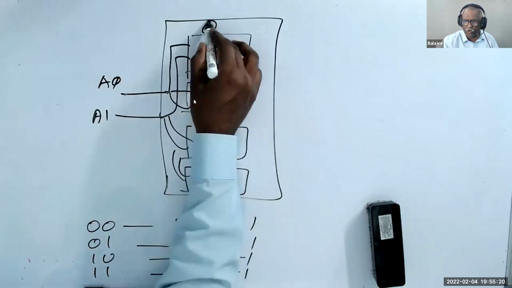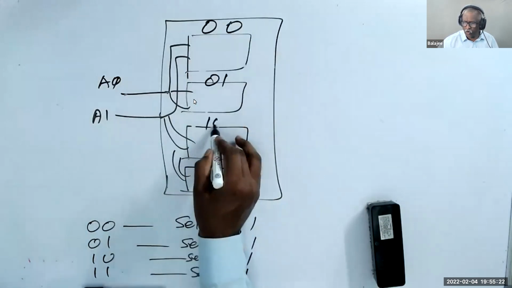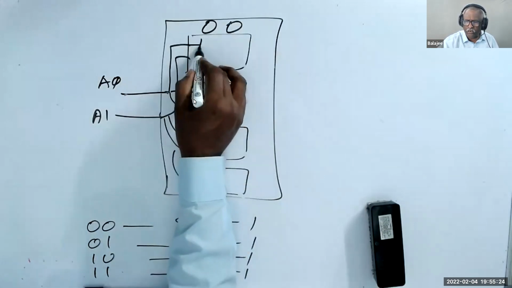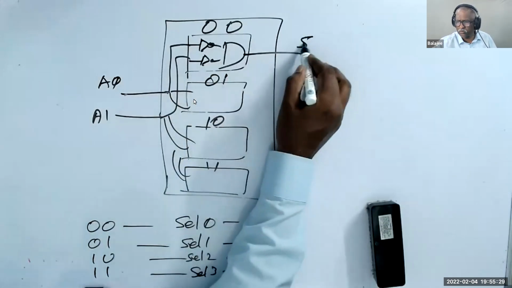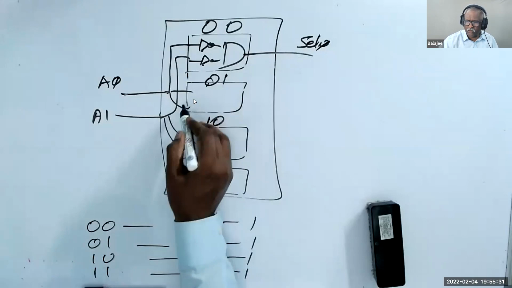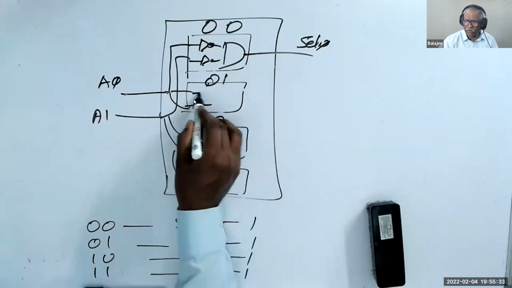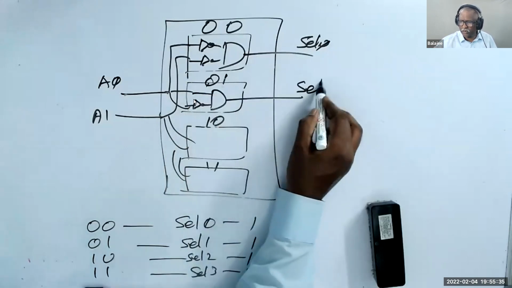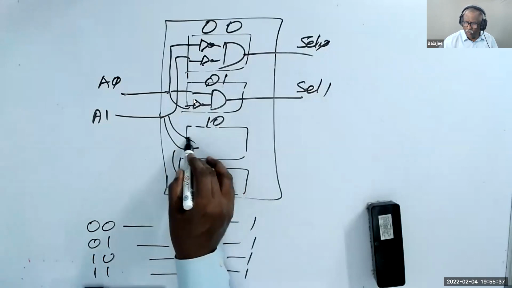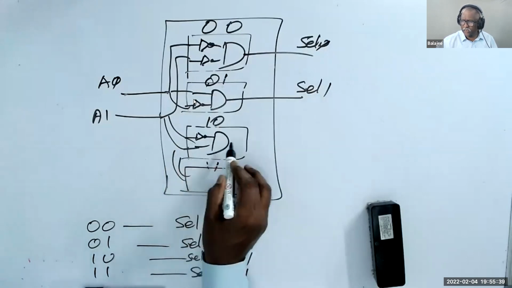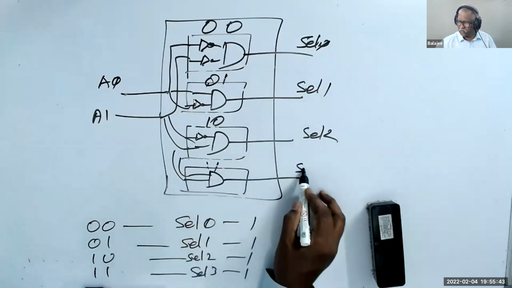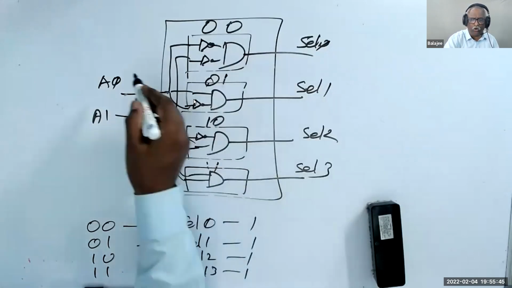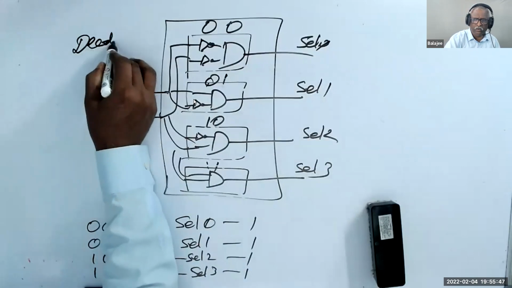The gates are named 0, 0, 0, 1, 1, 0, 1, 1, with an inverter. It is a combinational logic: cell 0 is 0, 0; cell 1 is 0, 1; cell 2 is 1, 0; cell 3 is 1, 1. This is what is called a decoder.